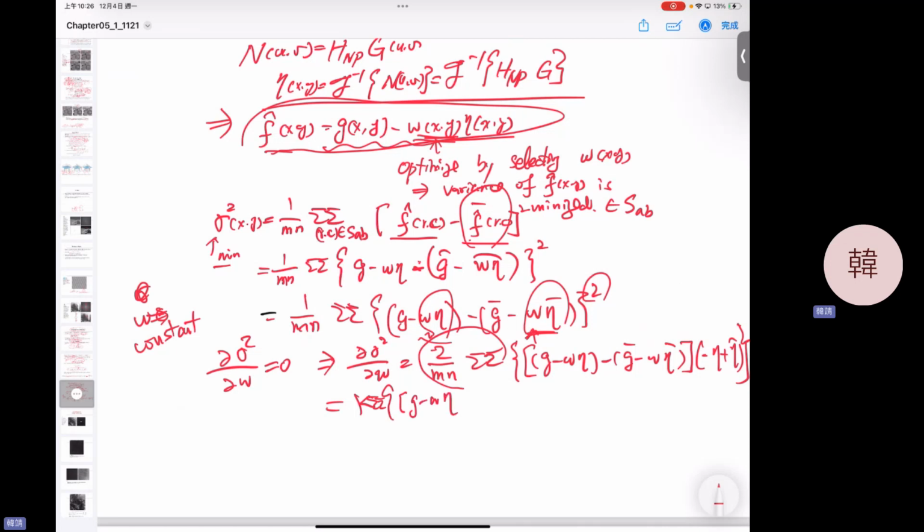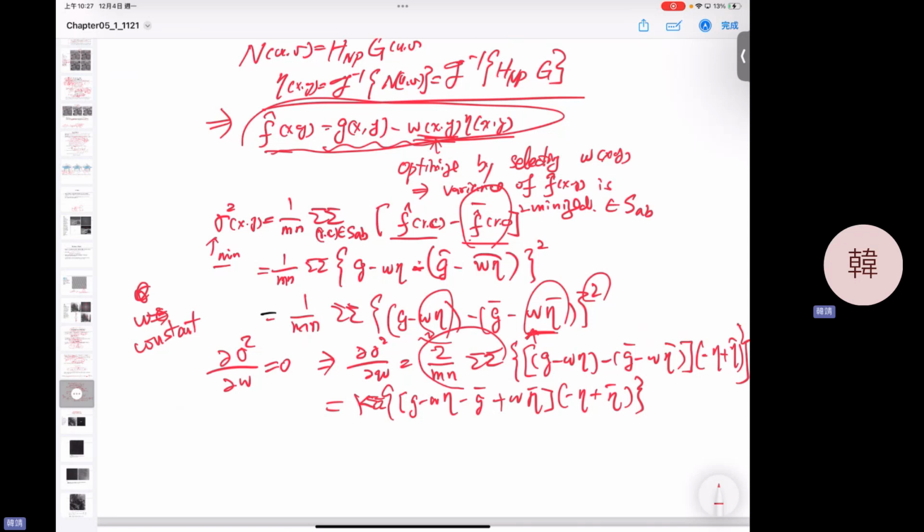So we write out everything here. Minus G bar plus W eta bar, and then this one multiplies what? Multiply 2 terms, minus eta plus eta average here, right? So please multiply 1 term by 1 term and take the average again. You will see we will simplify this result.